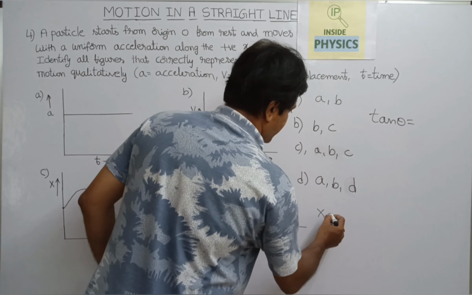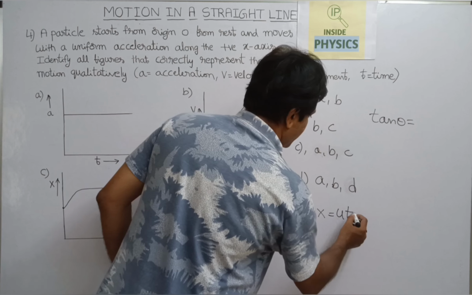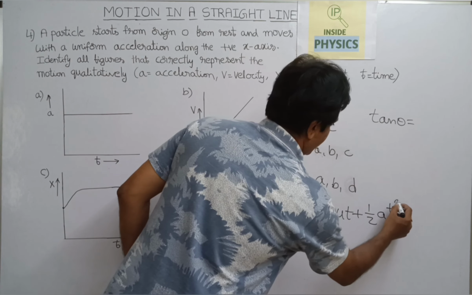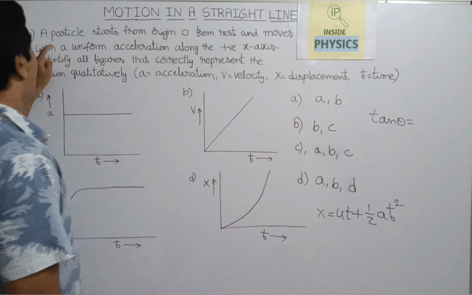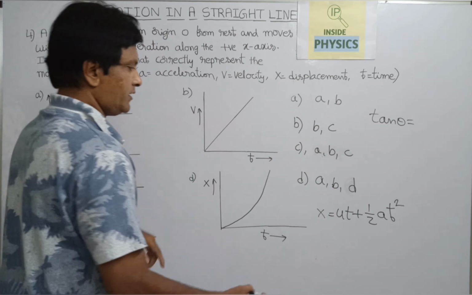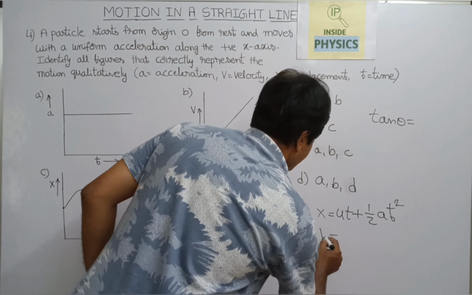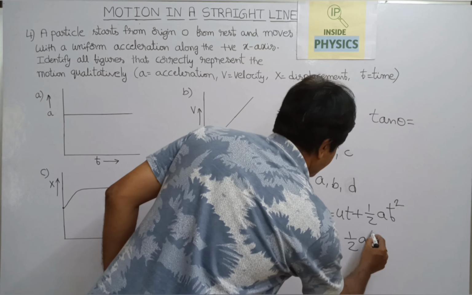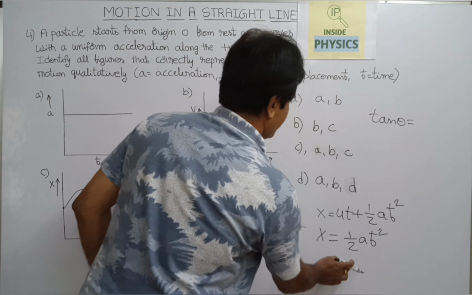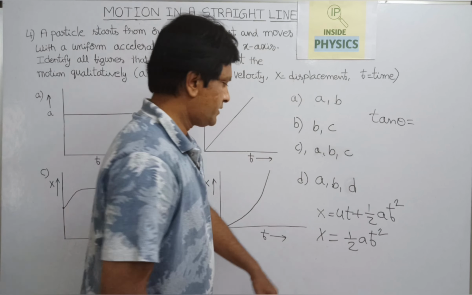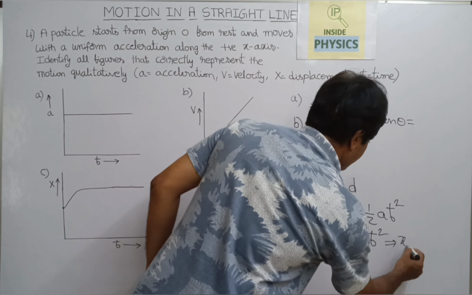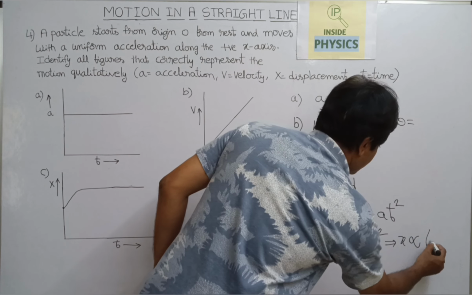So here option D. And here see, the displacement time graph looks like a parabola, means if we take the displacement equation, x is equal to ut plus half a t square, and here the particle starts from rest, that means u becomes 0, x is equal to half a t square. So this implies x is proportional to t square.